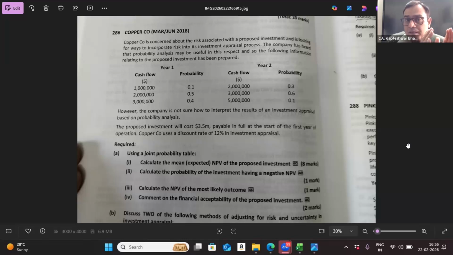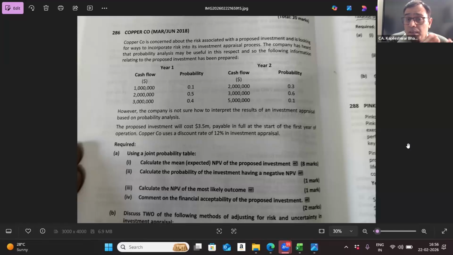Now we've got cash flows, year one probabilities and cash flow year two probabilities are given. However, the company is not sure how to interpret the results of investment appraisal based on the probability analysis. The proposed investment will cost 3.5 million payable in full at the start of the year, and Copper uses a 12% discount rate in investment appraisal.